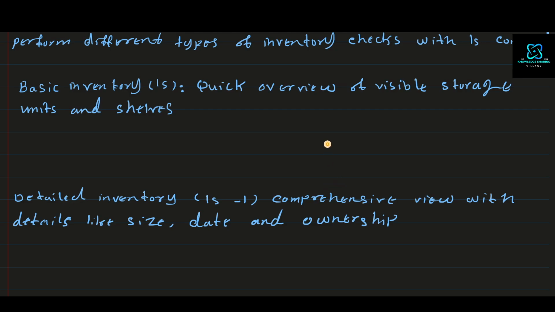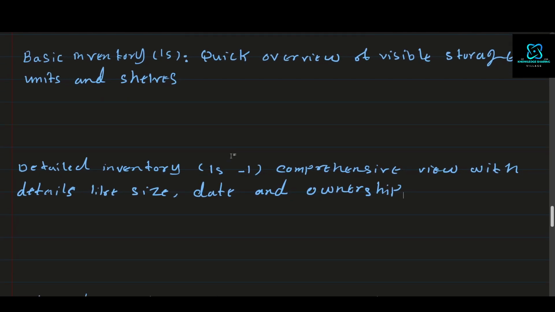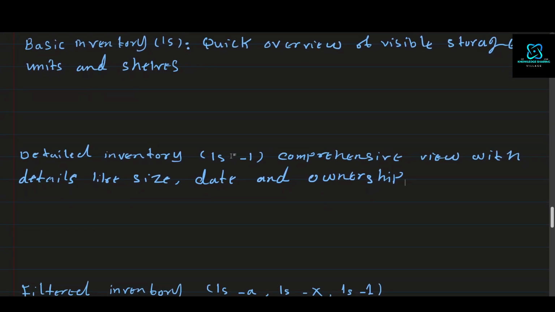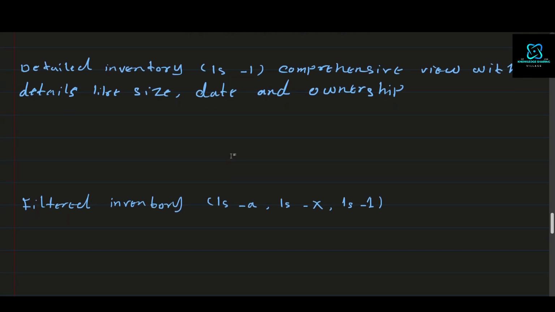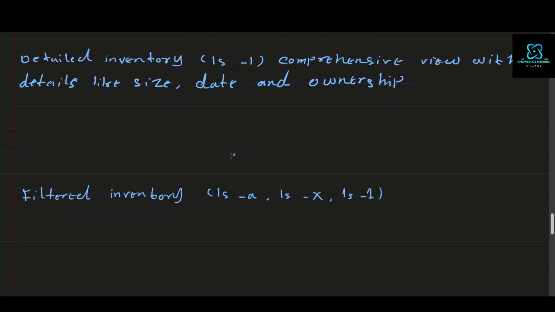The other type of inventory is when you don't need to see everything, but based on your type of inquiry you want to see some detail or a specific category of things. We have categorized those as the filtered inventory, which you can achieve by using different options.